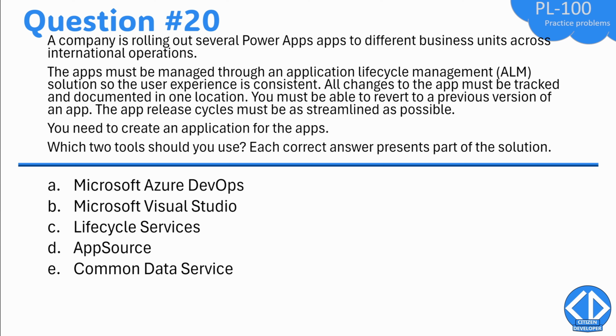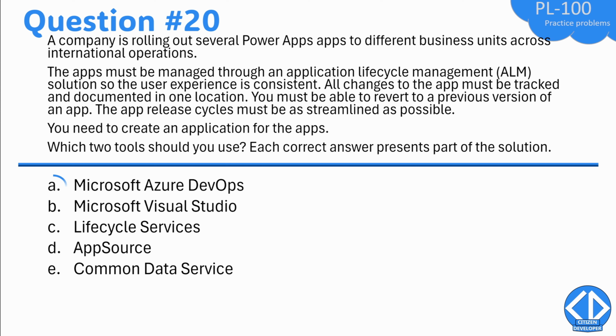Which 2 tools should you use? Again, this feels like we have a little more information than we need for what the question is really asking. We're looking for something to help us manage our ALM as well as revert previous changes and versions of the app. And that's going to be done in just 2 of these 5 things.